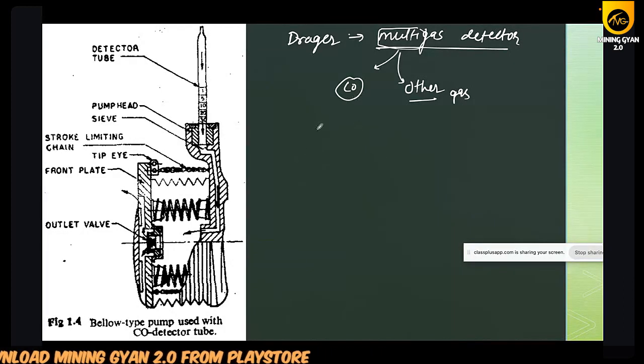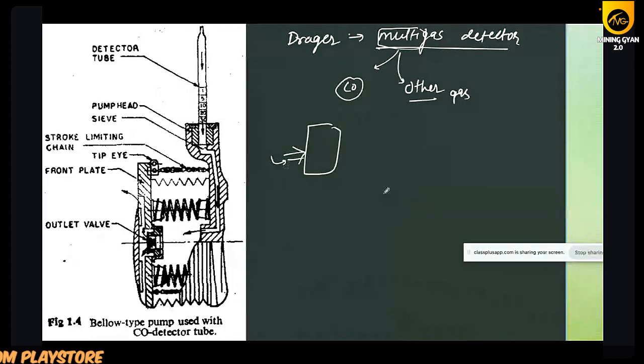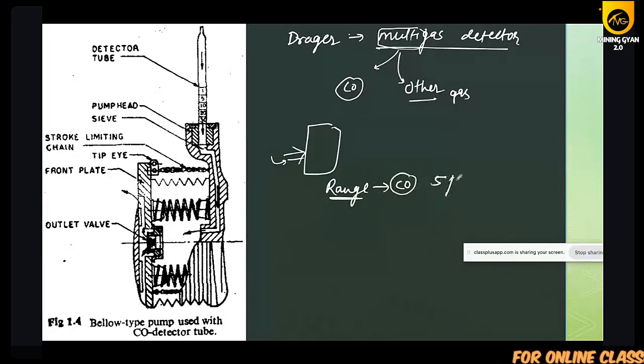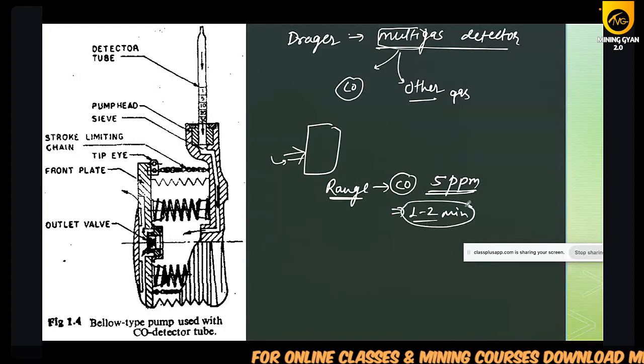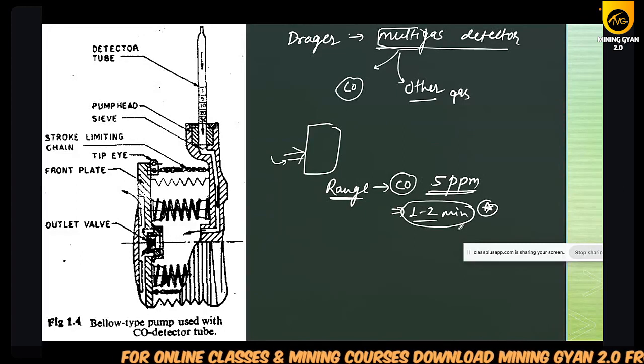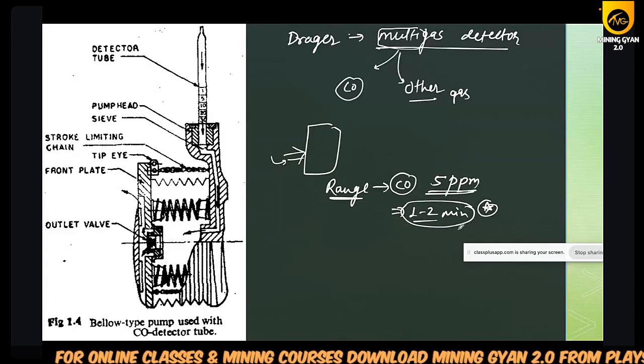To find out the CO, if this is your apparatus, you put a pipe through which the air will pass, and the range for CO will be 5 ppm. It will take 1 to 2 minutes, so it depends. This instrument takes 1 to 2 minutes and gives you the information of the CO and other gases.